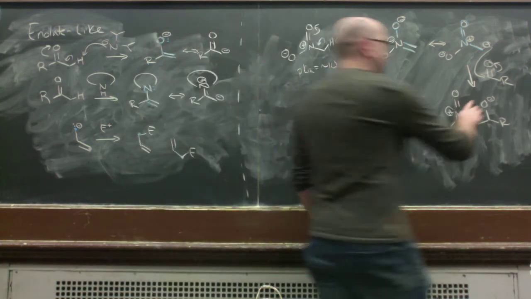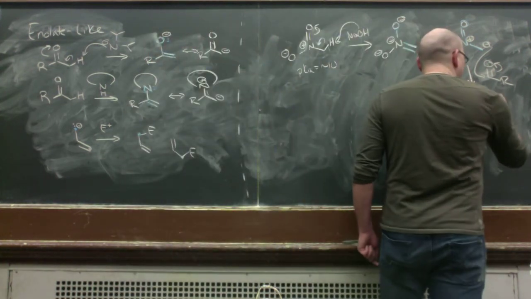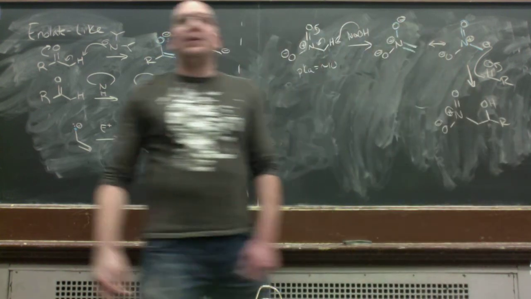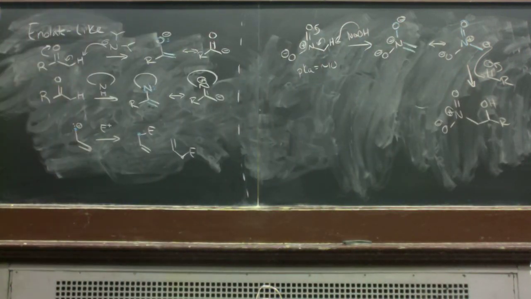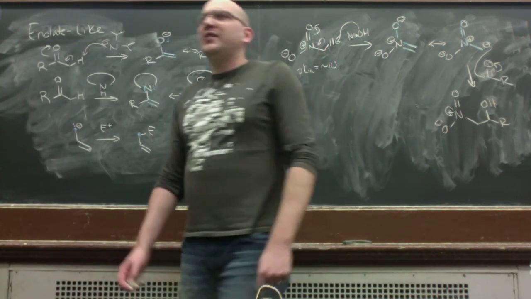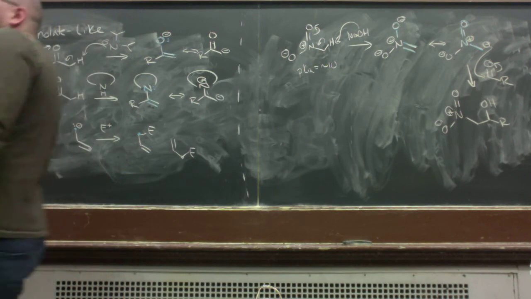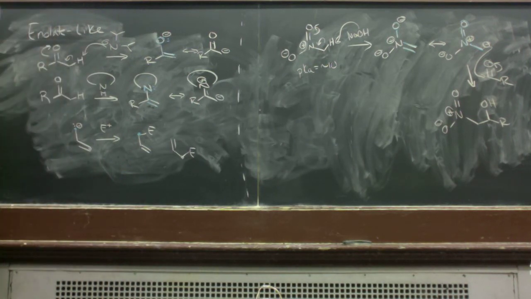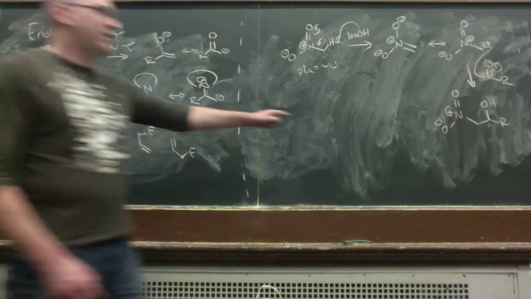We work it up. So oftentimes we'll just draw this in the protonated form. Now in this case, we've got a nitro group, and we may not really think of nitro groups as being all that useful. But have we learned, I don't know if we learned this or not yet, do you guys know that you can reduce a nitro? What is a nitro analogous to?